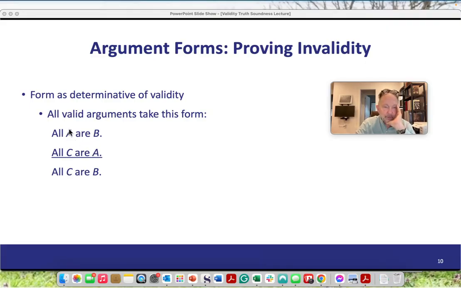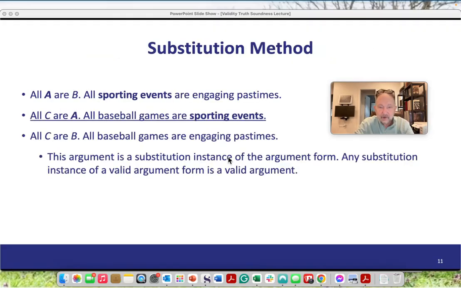The relationship between the precedent and the antecedent are the same precedent and antecedent. Therefore, the antecedent relates to the C. Here, the antecedent relates to the precedent because these two are lined up. So spell them out, right? Because it should look like this if it's going to be a valid deductive argument.